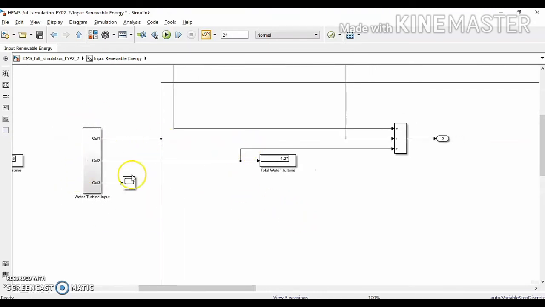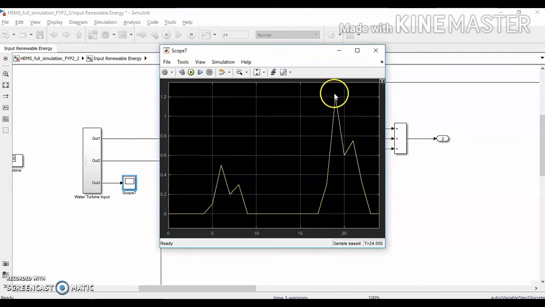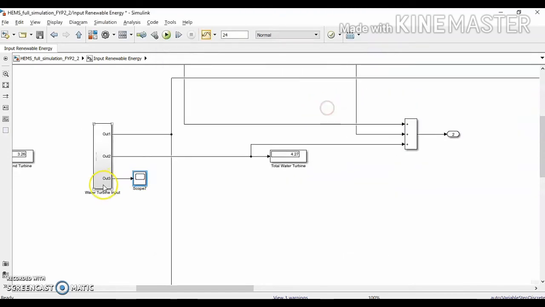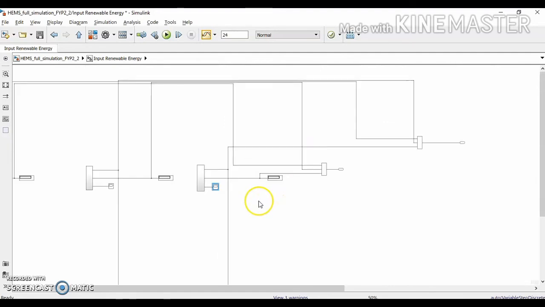For the water turbines, the peak is before 6 PM, after the people have come back from work, so the water is used more, so the water turbine can generate more at 6 PM. So this is the total water turbine.